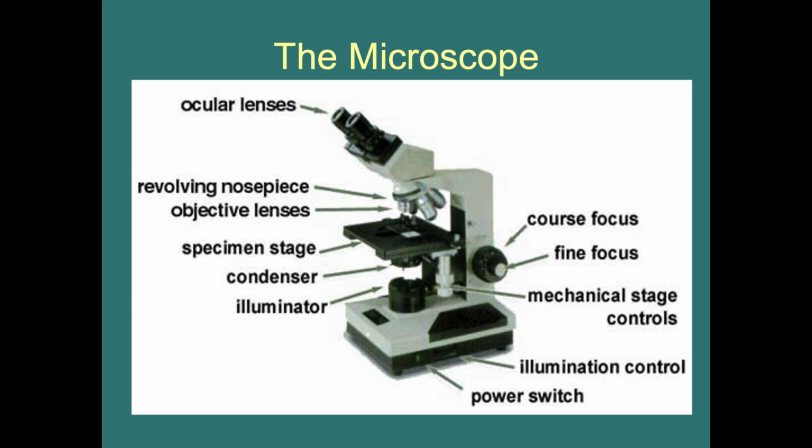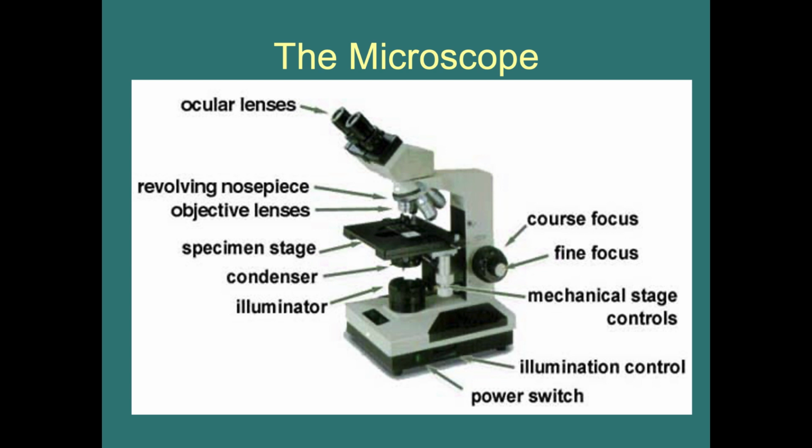You can see this image here has a slide that's put down on the stage. It has some clips, the stage clips that are holding it in place. And then we have our condenser and our illuminator, our light source down here, the power switch, which is going to turn that on. And then we can increase or decrease the brightness of the light with that dial.